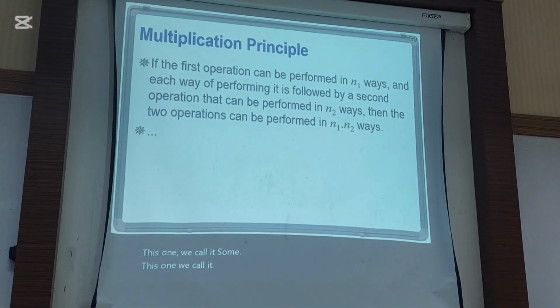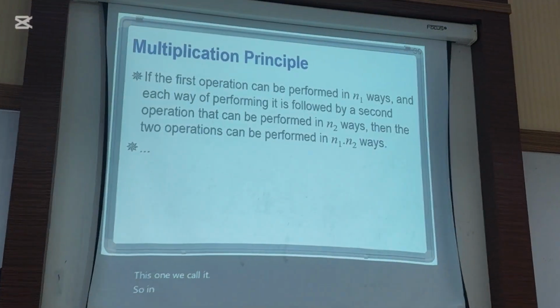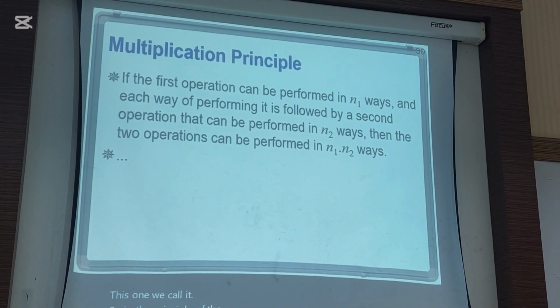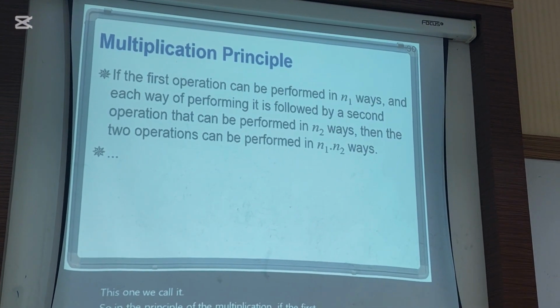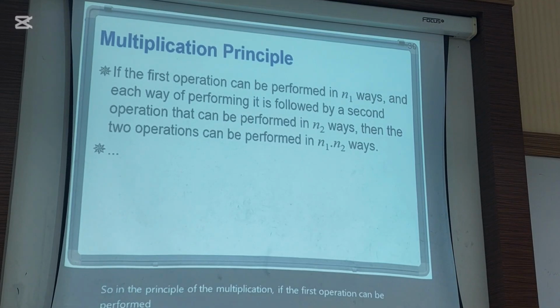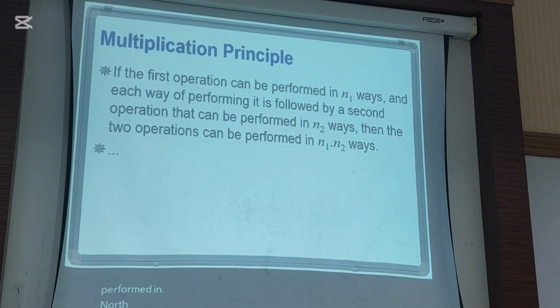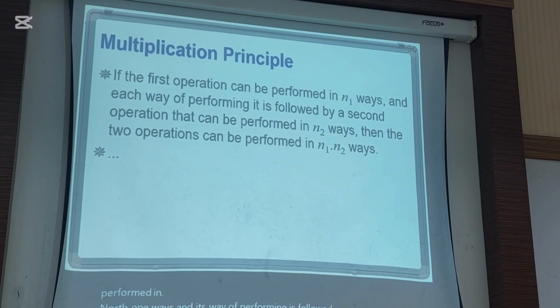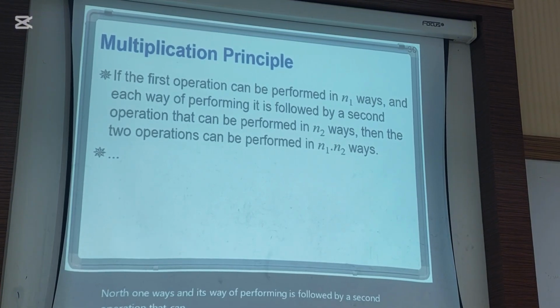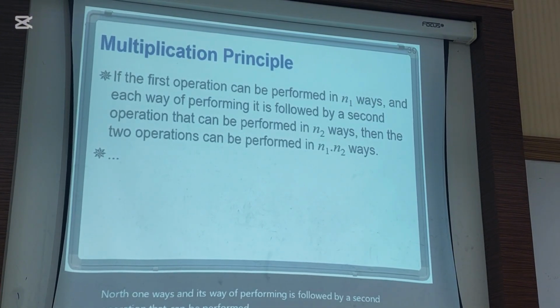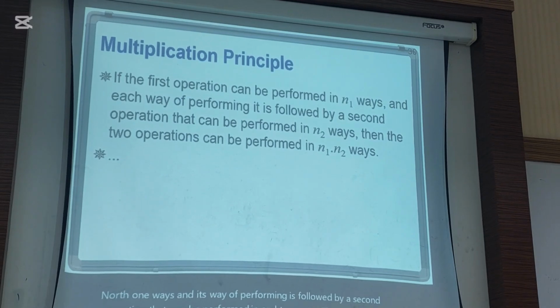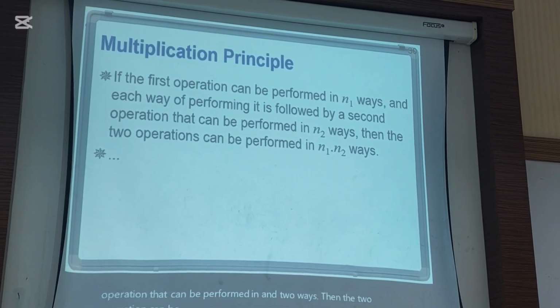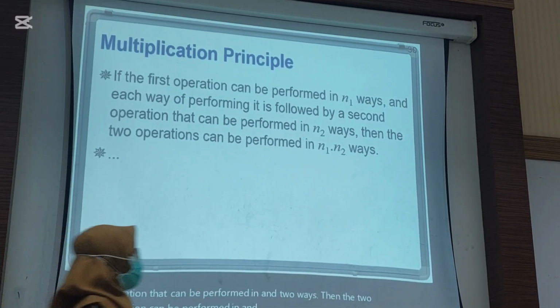In the principle of multiplication, if the first operation can be performed in n1 ways, and each way of performing is followed by a second operation that can be performed in n2 ways, then the two operations can be performed in n1 times n2 ways.